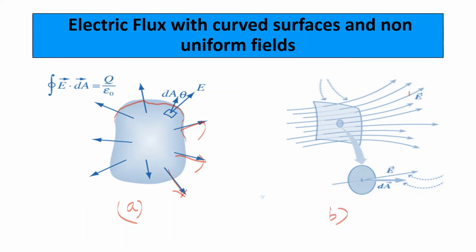Here in this diagram also, these are the lines of force which are not uniform, and this is the surface which is not plane. In such cases, you will take a small element from that surface. Here it is dA. You will use the letter dA to represent that small element. If you take a small element, then it is easy to draw the normal to that small element. In this diagram, this is the small element you are considering.